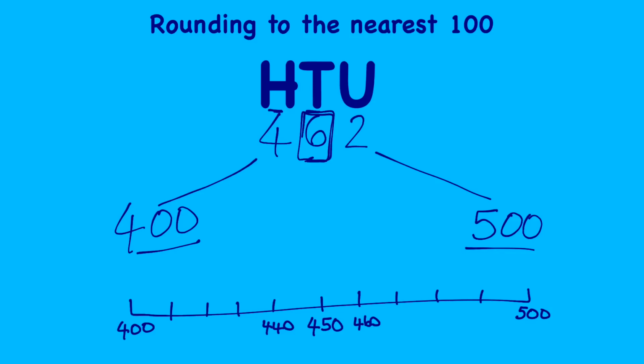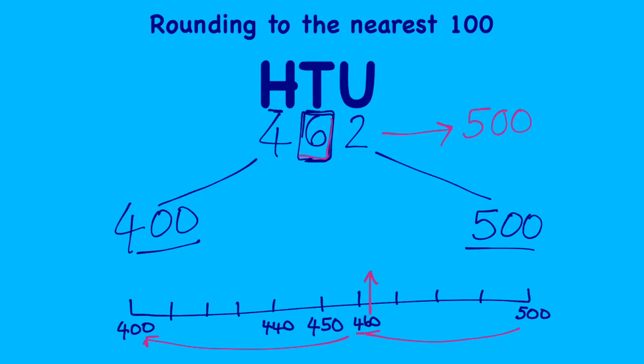So it's roughly going to be just after the 460, so it's roughly there. Now we can see, can't we, from this number line that this number is actually a little closer to 500 than it is to 400. So we can see that 462 rounded to the nearest 100 would be 500.